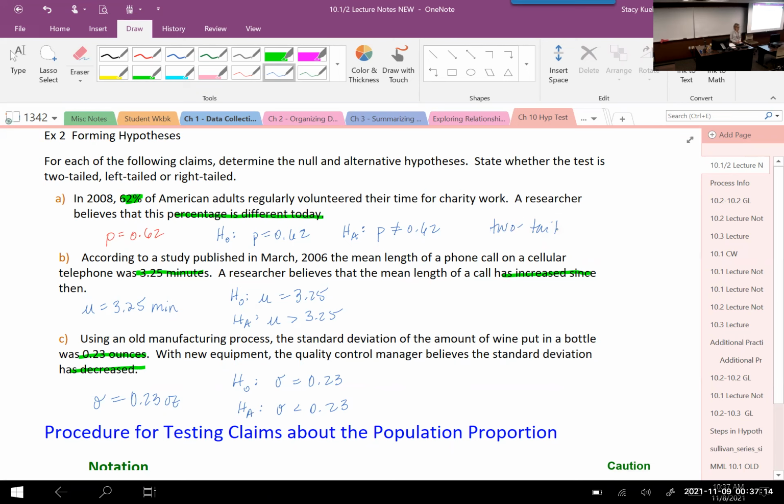Look at the inequality symbol and where it's pointing. So that would be a right tail. What's the last one? Left tail. Again, look at the inequality symbol and where it is in essence pointing.